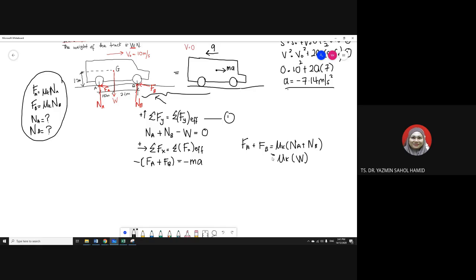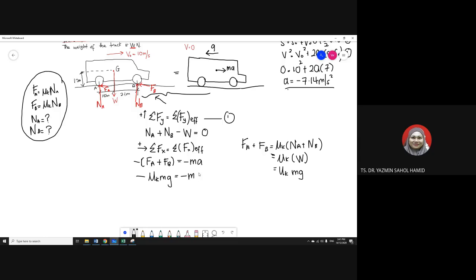The weight. Am I right? You understand that? NA plus NB is actually the weight. So it's actually mu K W, and W is actually mg. So basically, negative FA plus FB is actually negative mu K mg equals negative m.